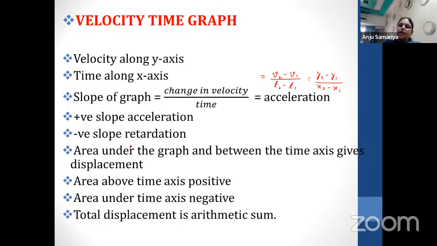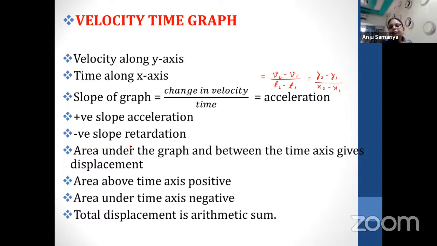And if we take out the area, we get the displacement. I repeat, from the velocity time graph, slope is acceleration, and area under the graph gives you the displacement.